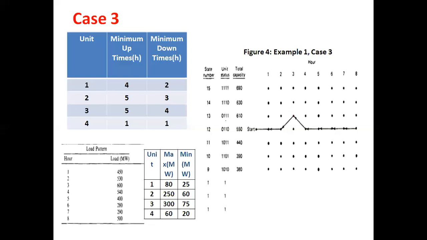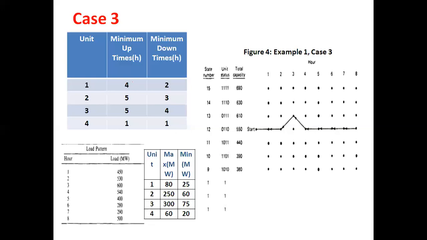For state 13 we have to turn on unit 4, for state 14 we have to turn on unit 1, going from state 12. If I go from 12 to 13, we have to turn on unit 4. If I go from 12 to 14, we have to turn on unit 1. So here are the constraints on minimum up and minimum downtime. So which unit will be on?